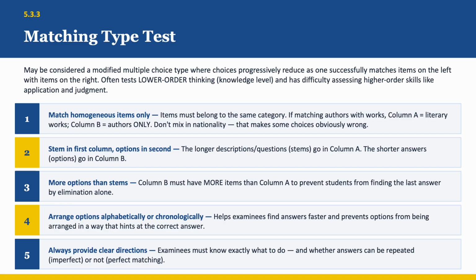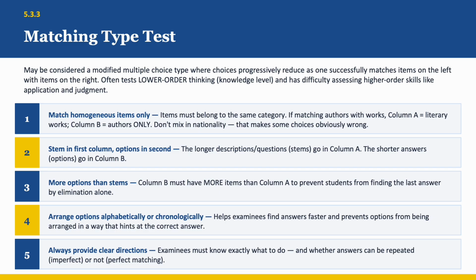Think of it as a modified multiple choice, but instead of options listed beneath each question, students should match items from one column to items in another column. So as they successfully match items, the available choices in column B get smaller. So the level of difficulty changes as they go through the test.